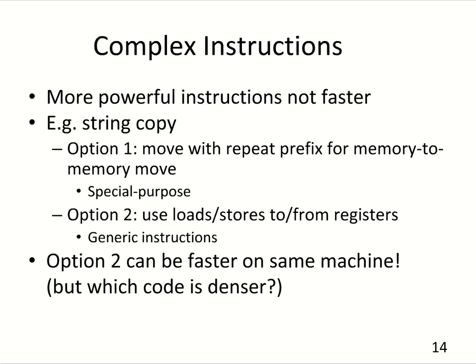It's pretty obviously going to be clear that the loop that includes the loads and the stores and the branch overhead is going to be larger in terms of its instruction footprint than the first option. So you do get better code density with the first option.